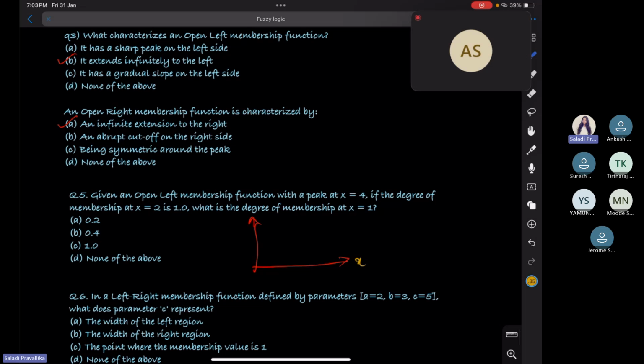If I give an open left with a peak at x equal to 4, let's call this 4. This is the peak. The degree of membership at x equal to 2 is 1. What is the degree of membership at x equal to 1?